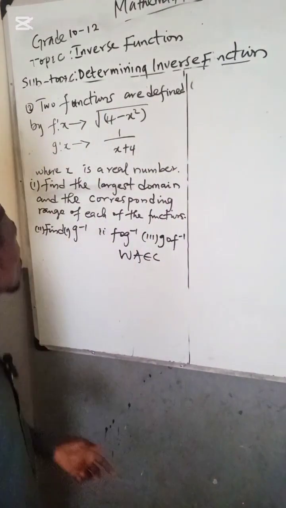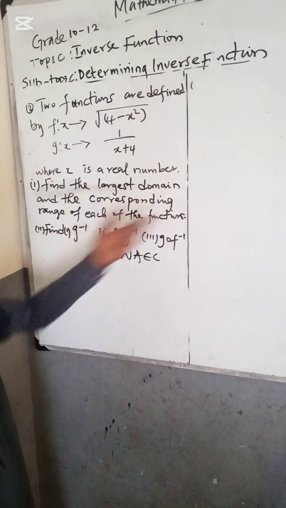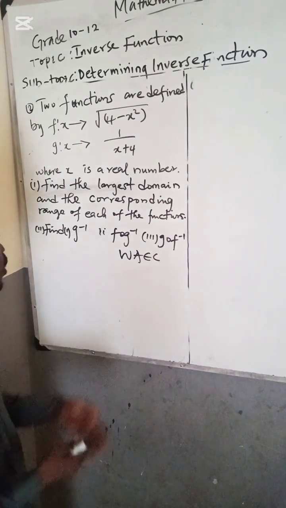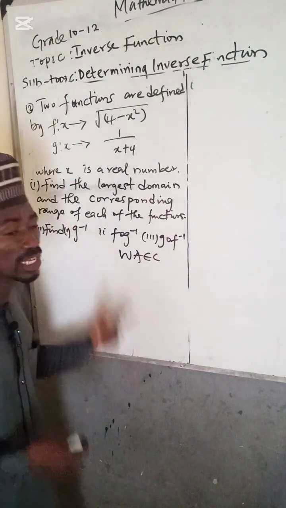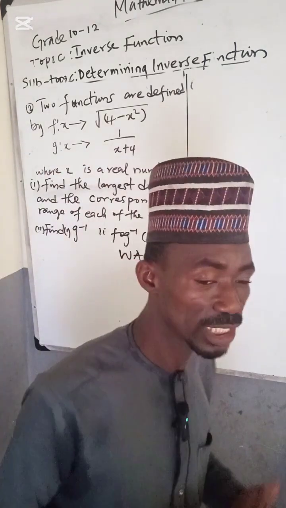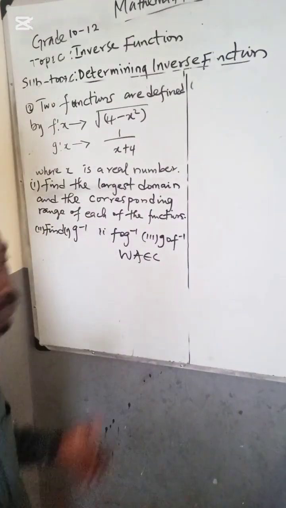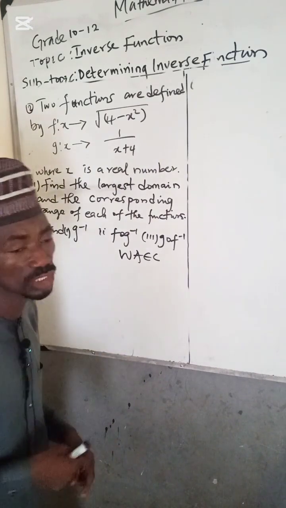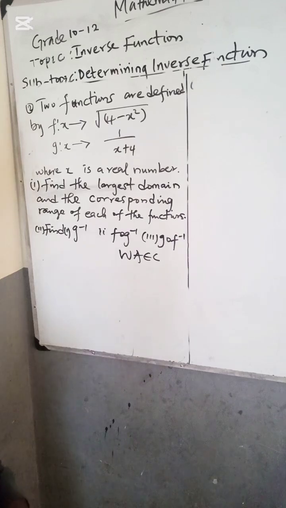So this question has asked us to find the domain and also find the range. Though the question never asks us to check whether the function has an inverse or not, we say that to remind us that there is a factor for authenticating or confirming the existence of the inverse of a function.